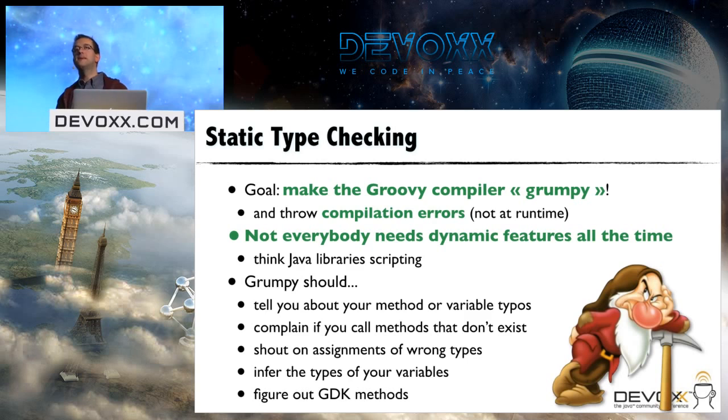Usually you don't get errors at runtime because you test your stuff, you run your code at least once before putting things in production. But if you want early feedback from the compiler for things like typos in method names, you can enable static type checking for your classes.